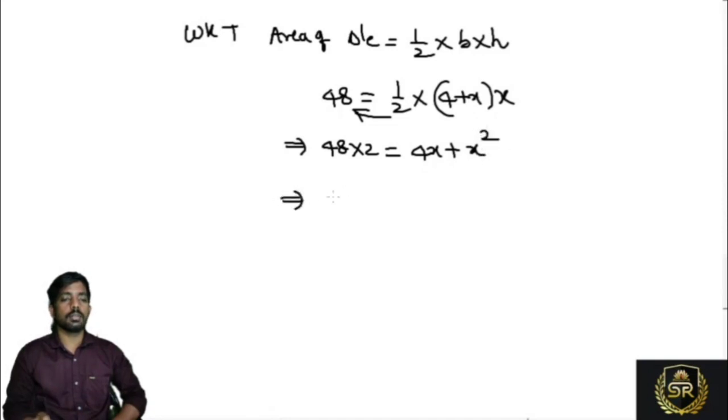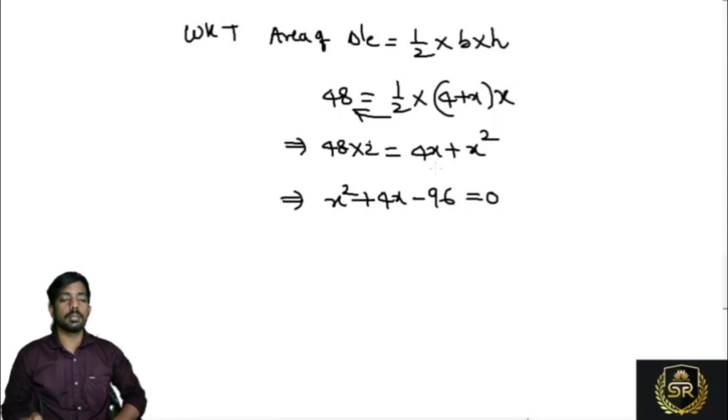And from here, x square plus 4x, and 2 eights are 16, 2 fours are 8, plus 1, 96. If I bring this side, minus, it is equal to 0. So from here x square plus 4x minus 96 is equal to 0.